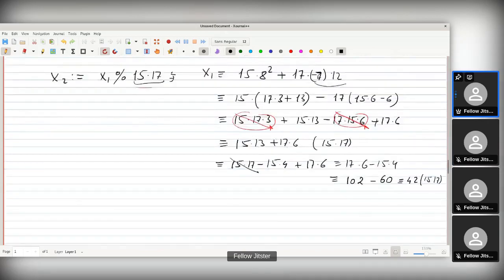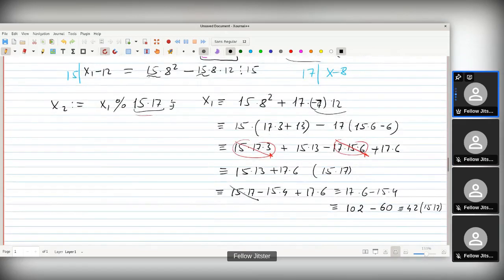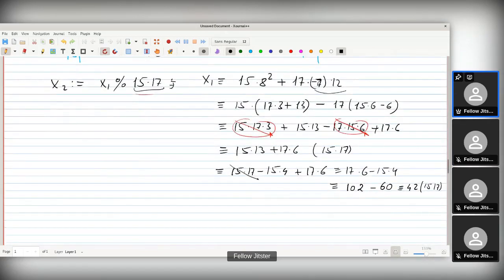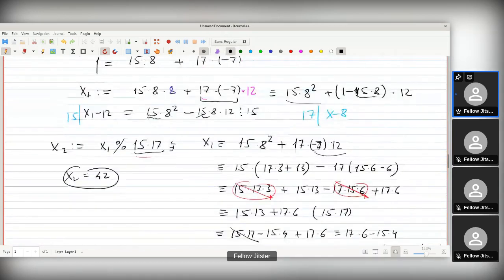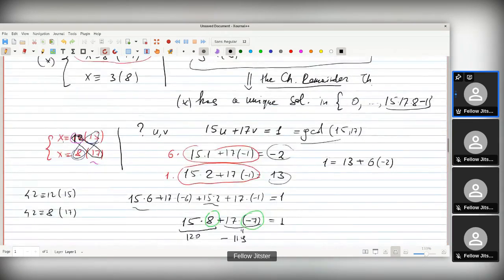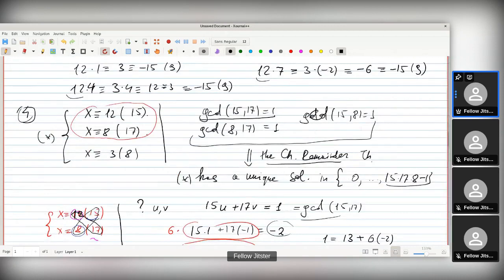So we see that as x2, our solution is just 34. But we know that this entire system of these two congruences is congruent to one congruence. Which one?